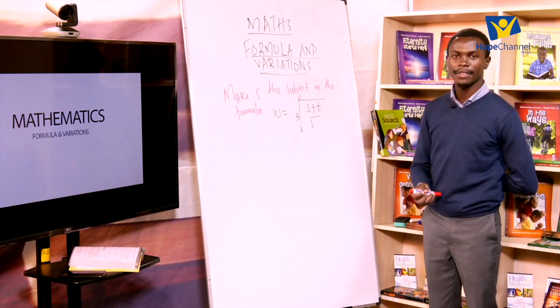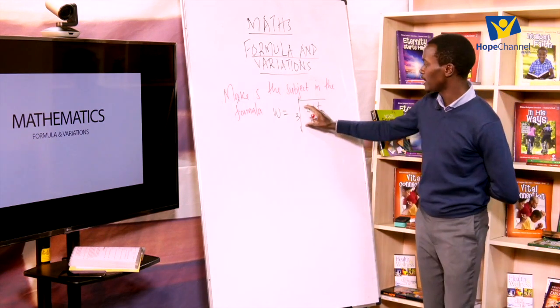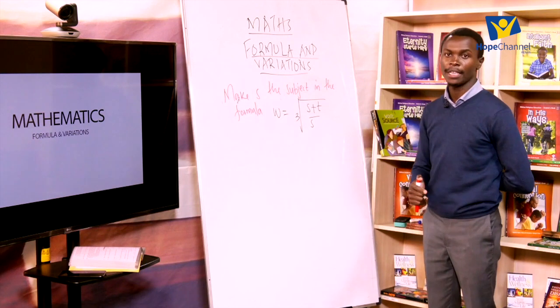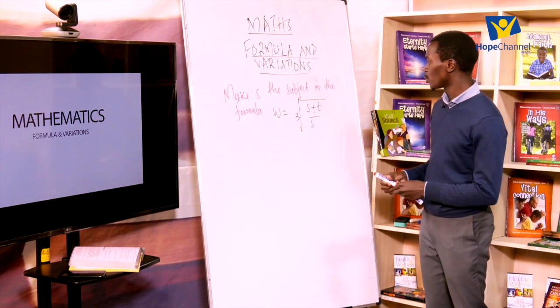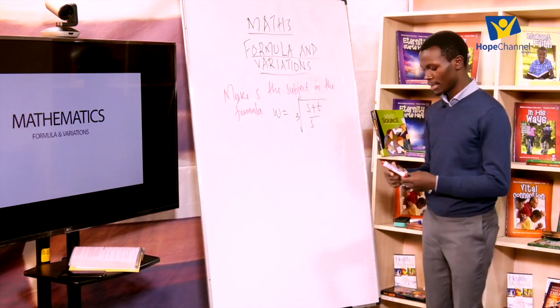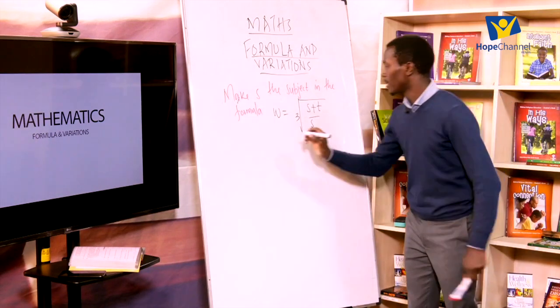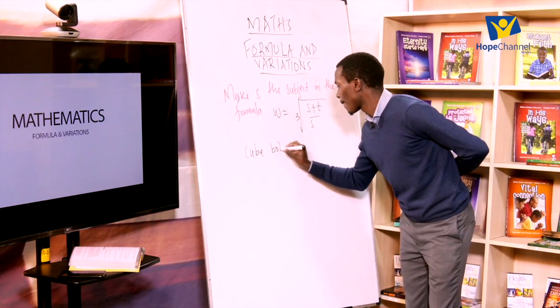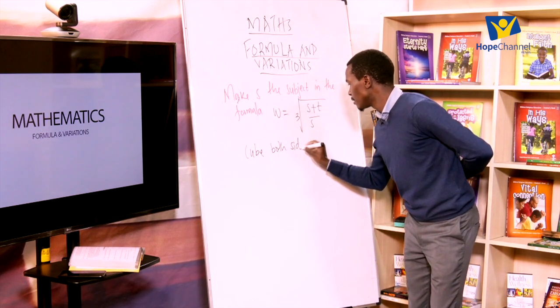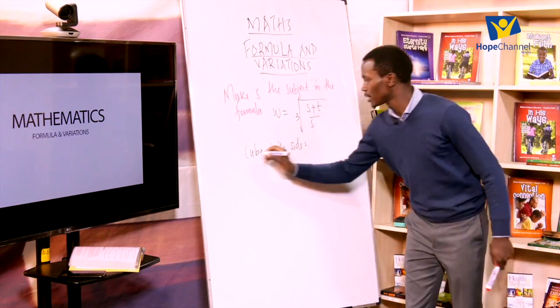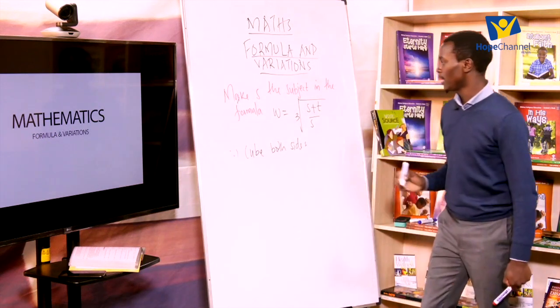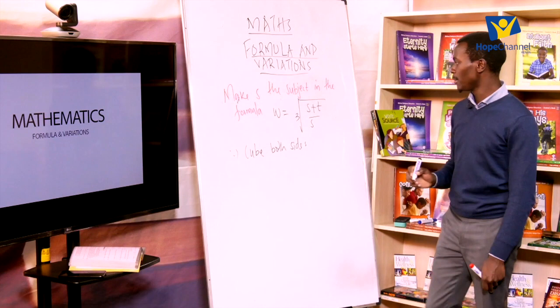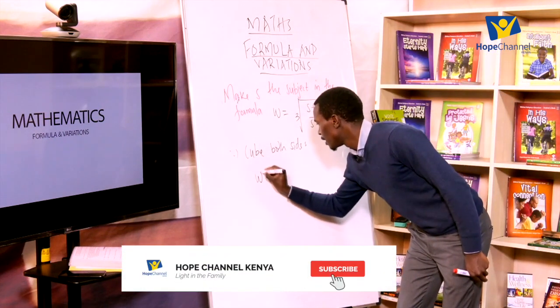So the very first thing, now because it is a cube root, we start by raising both sides to power 3 so that we can be able to do away with the cube root sign. So step number 1, cube both sides. Now the cube of W will be W cubed.